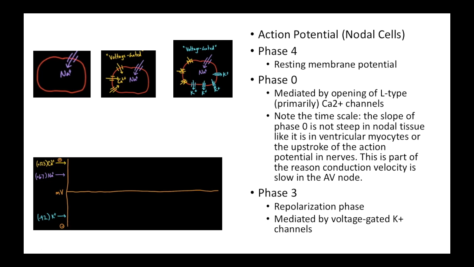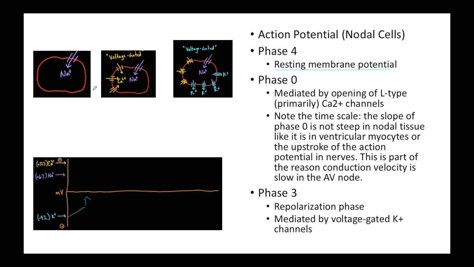Okay, so I'm going to start with phase 4, like we saw in the first aid diagram earlier. And this is where we have our resting membrane potential. In phase 4, we have a slow, spontaneous diastolic depolarization. So we have a very slow thing going on here. Slowly depolarizing.